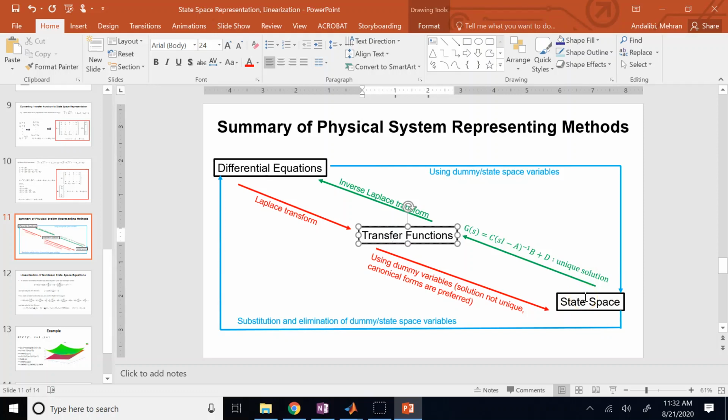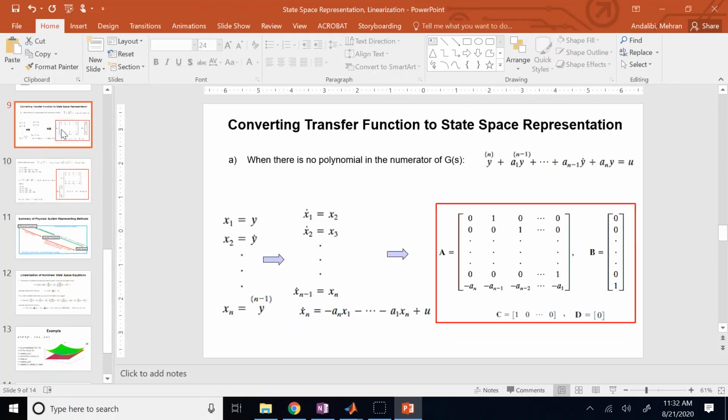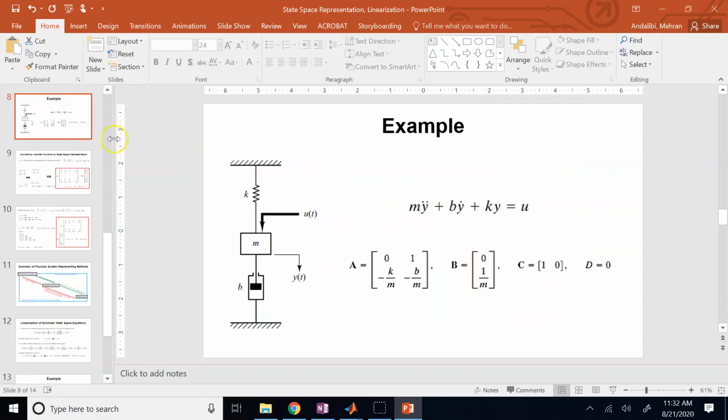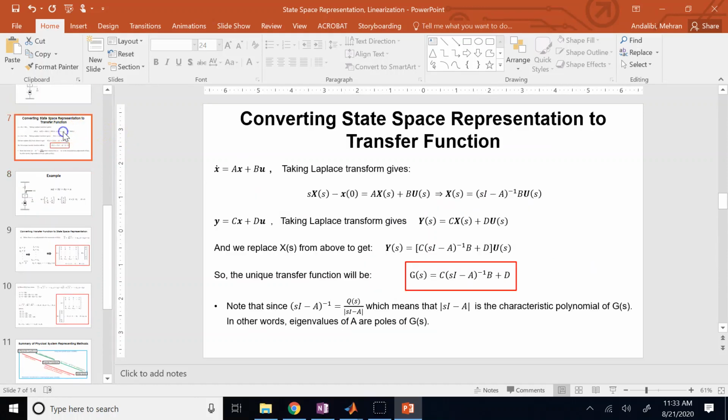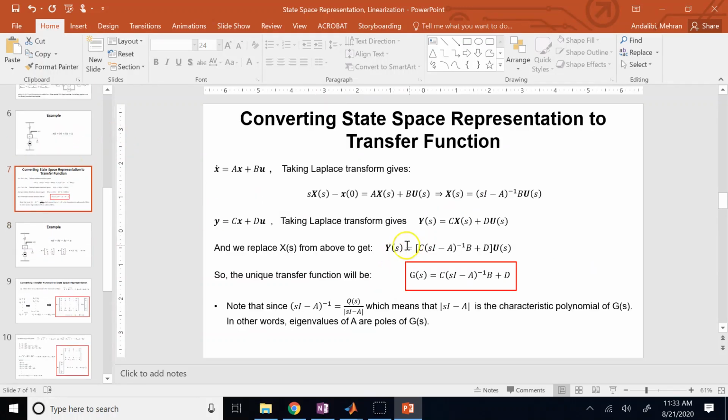There are infinitely many solutions in general, depending on what you choose as state variables. There are forms that we prefer. We call them canonical forms. I'll talk about this very fast. These are those canonical forms, and I'll talk about them, but let's first talk about this.